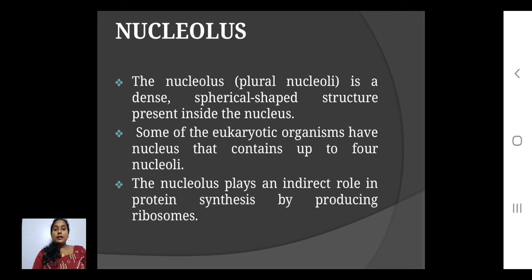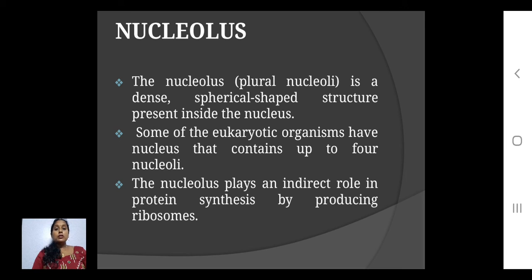Obviously eukaryotic organisms have more important and more major functions compared with prokaryotes, so because of their function, the structure and the number also vary. The number of nucleoli varies between prokaryotes and eukaryotes.